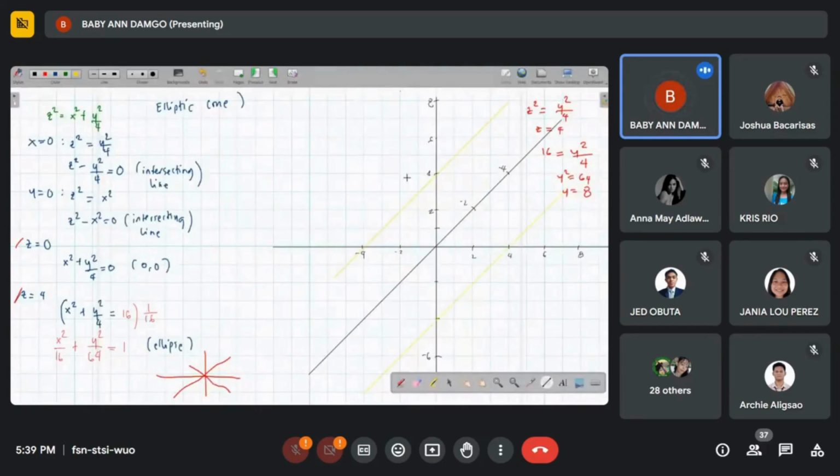Okay, so for x, we have 4. This is light blue. 1, 2, 3, 4. 1, 2, 3, 4. Okay?